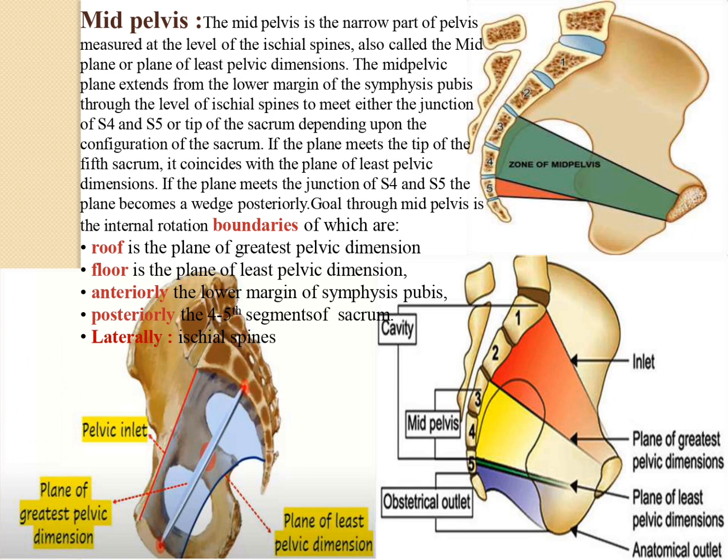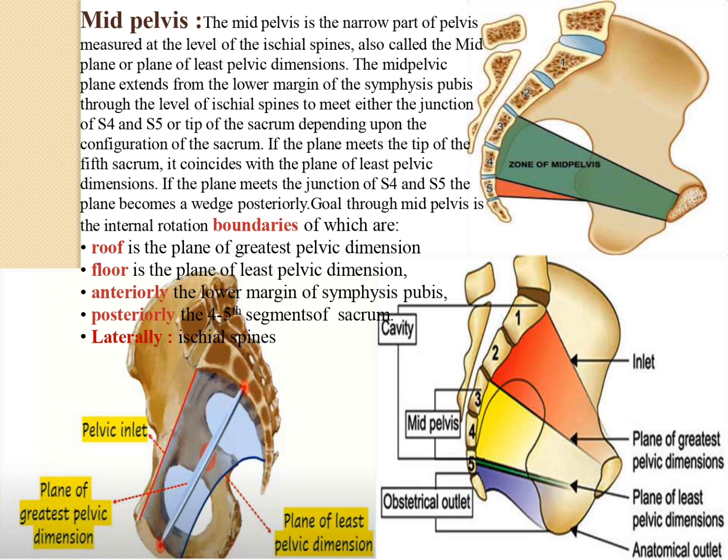If the plane meets the tip of the sacrum, it coincides with the plane of least pelvic dimensions. If the plane meets the junction of the fourth and fifth sacral segments, the plane becomes wedge-shaped posteriorly.